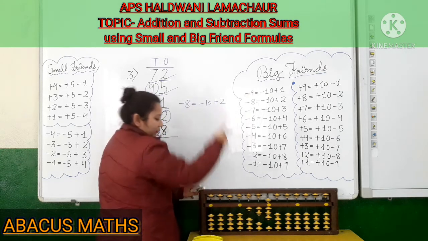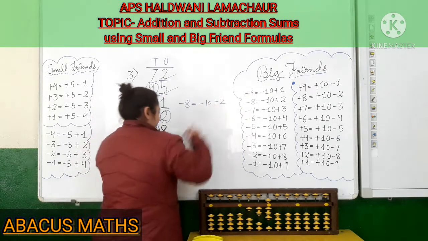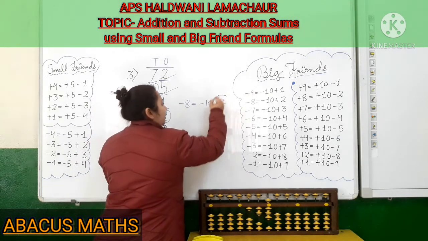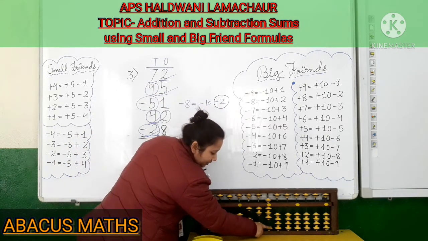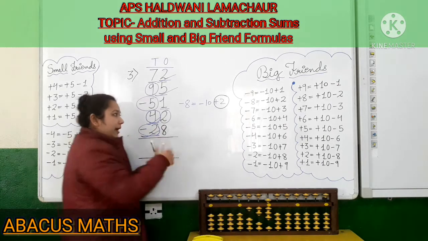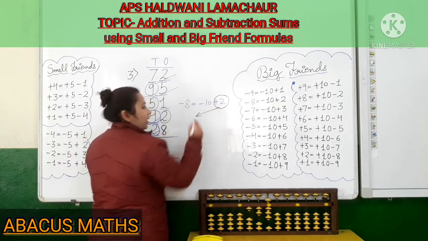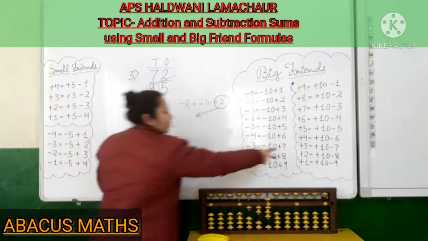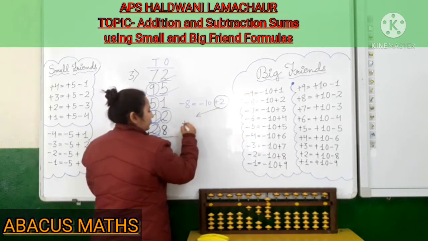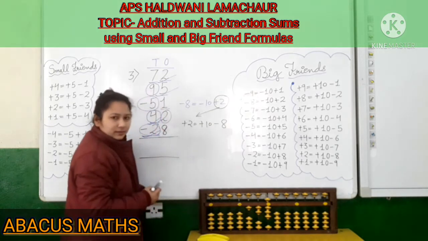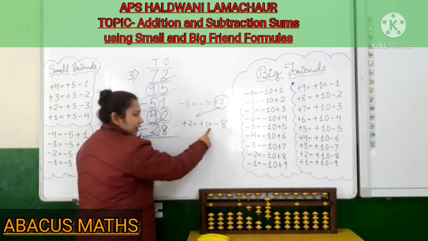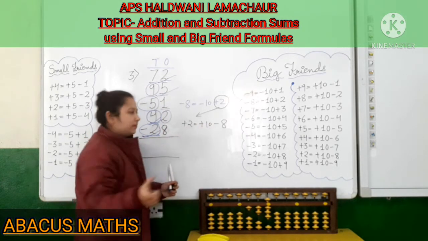And then add 2. Now you can see kids that you can't add 2. See, minus 10 you have done, but for 2, only one bead is there. You can't add 2. Now for this 2, again use the big friend formula. For adding 2, the formula is plus 10 minus 8.